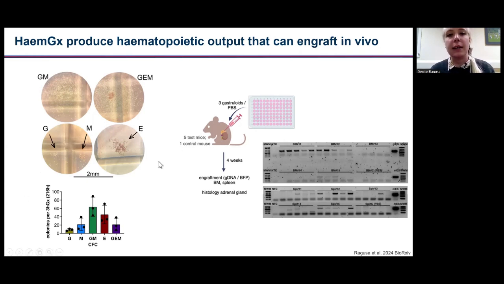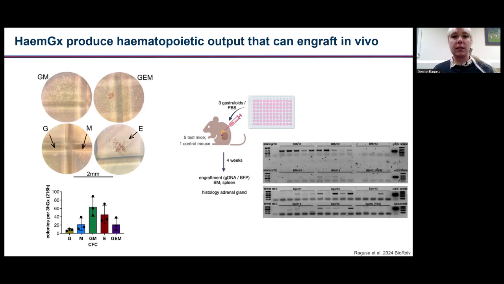And functionally, if we inject endpoint gastruloids into the adrenal gland of mice, we see an engraftment in both bone marrow and spleen. Just to summarize a very complex PCR, we have a tag in our gastruloids, which is a BFP fluorescent tag, and we are able to detect the marker of our gastruloids engrafting in bone marrow and spleen in these animals, which is absent from the controls, which were only injected with PBS.